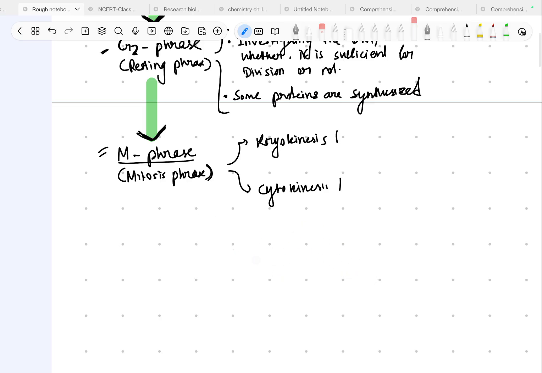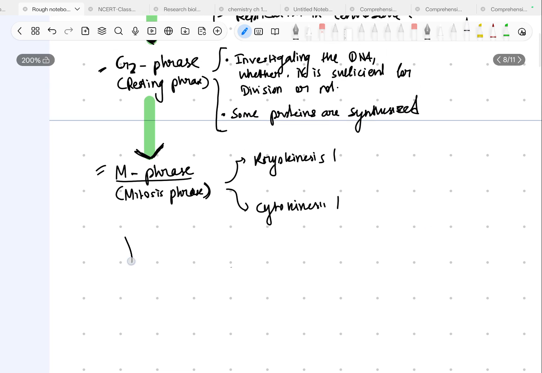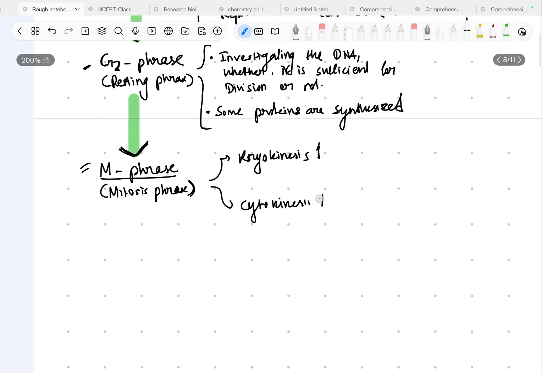In the next class, an interesting topic, the Krebs cycle, is also coming, and we will cover it too. Here, see karyokinesis and cytokinesis. In karyokinesis, prophase, metaphase, anaphase, telophase occur.